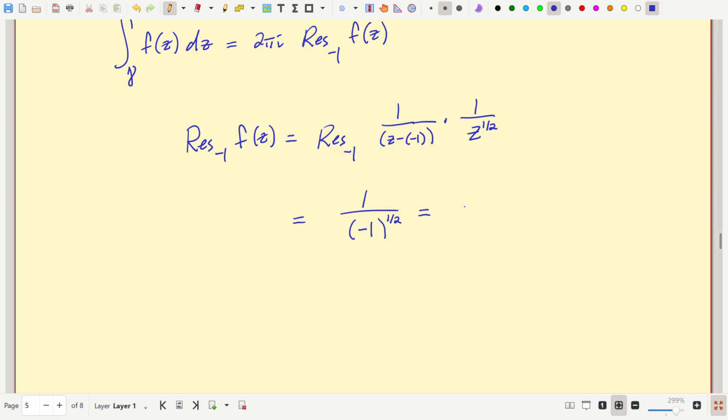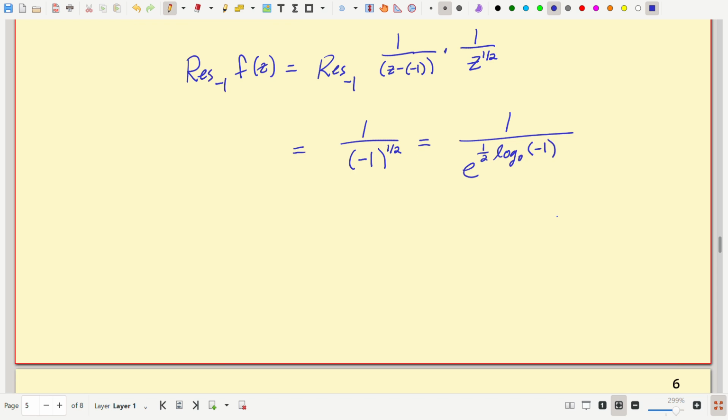In our branch, that's 1 over e to the 1/2 log of minus 1, which equals 1 over e to the 1/2 times natural log of the modulus of minus 1, which is 0, plus i times the angle.